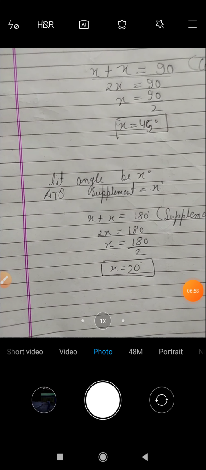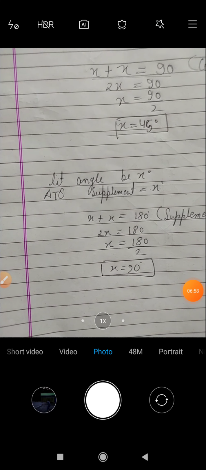Now according to the question its supplement is equal to its angle, so the measurement of the supplement is also x degrees. As we all know that the sum of supplementary angles is 180 degrees, so we write here x plus x is equal to 180 degrees, and its reason is they both are supplementary angles.